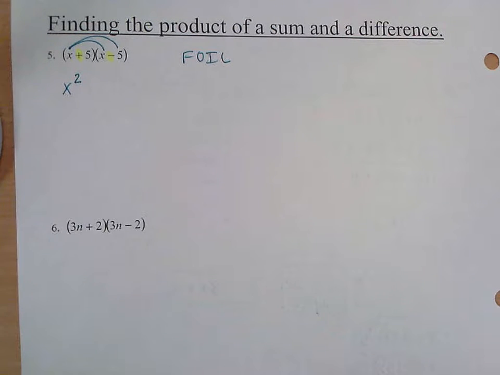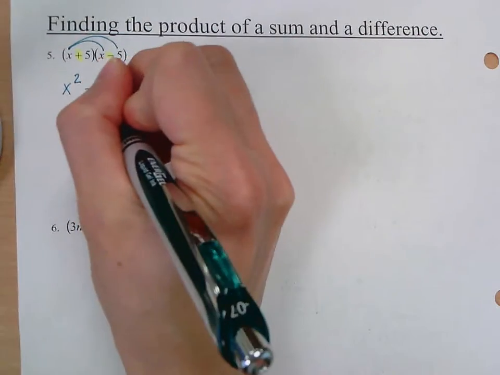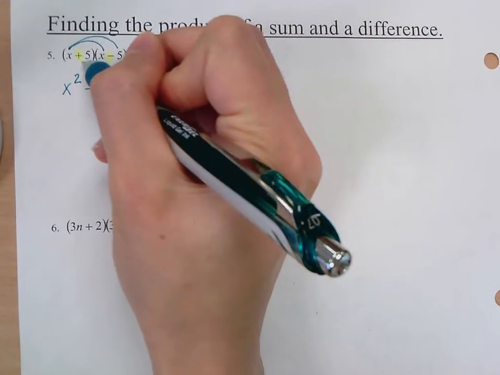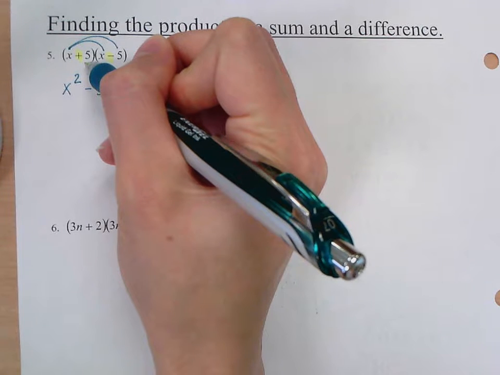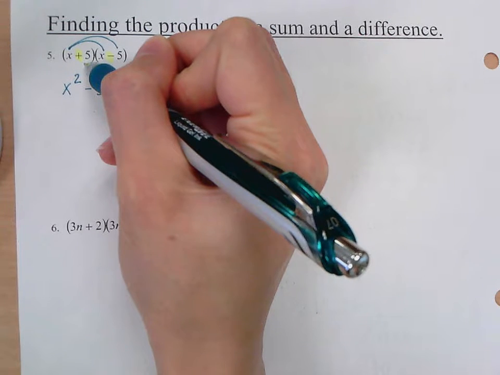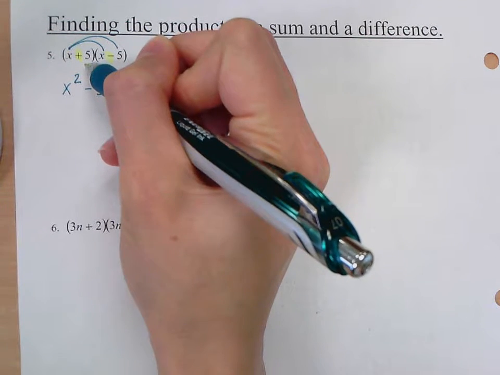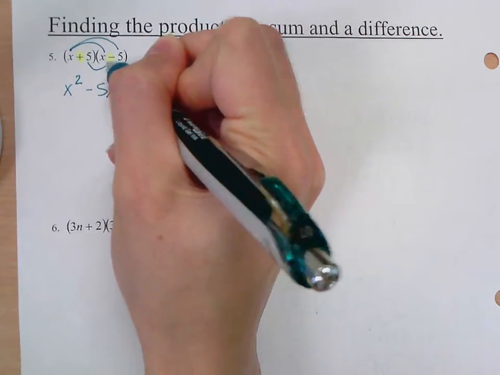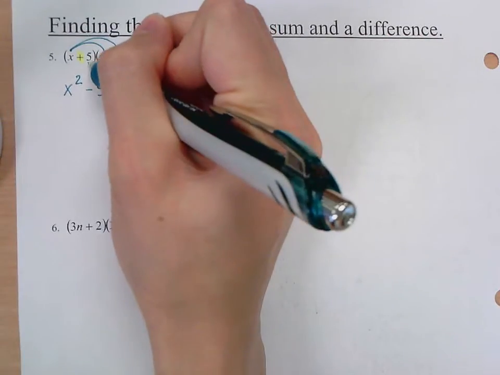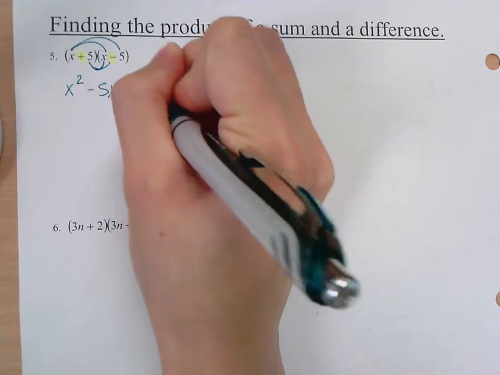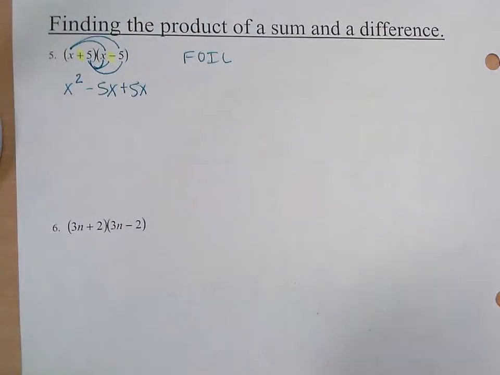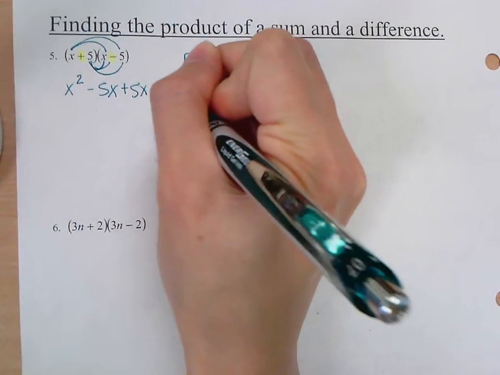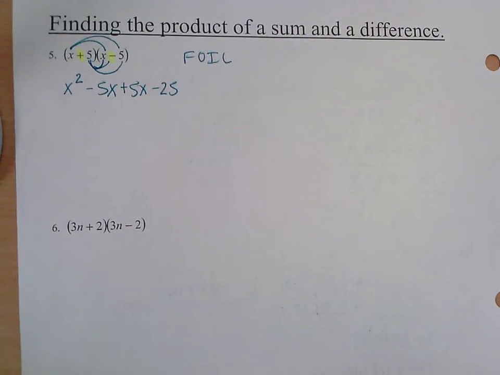X times negative 5. Negative 5x. You guys following along? 5 times x is positive 5x. And then 5 times negative 5 is negative 25.